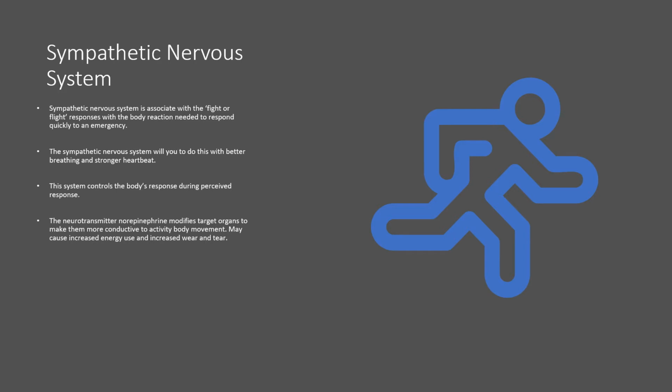The sympathetic nervous system, on the other hand, is our fight or flight response, with the body reacting to respond quickly to an emergency. The sympathetic system will do this with better breathing and a stronger heartbeat. It's the body's response during perceived stress. The neurotransmitter norepinephrine modifies target organs to make them more conducive to activity and body movement.